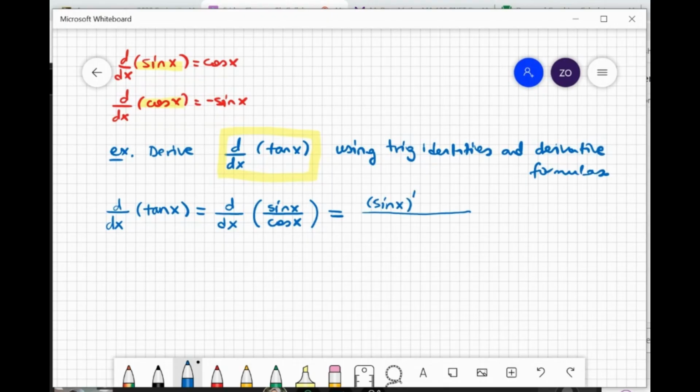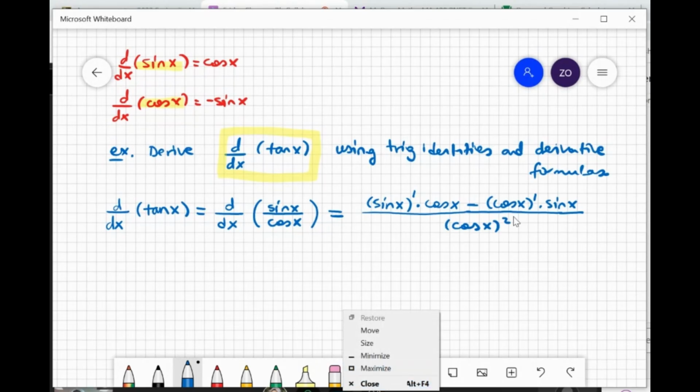The derivative of sine times cosine minus derivative of cosine times the sine function, divided by the square of cosine function. So we just applied here the quotient rule.